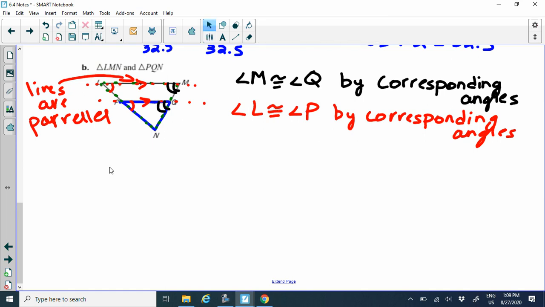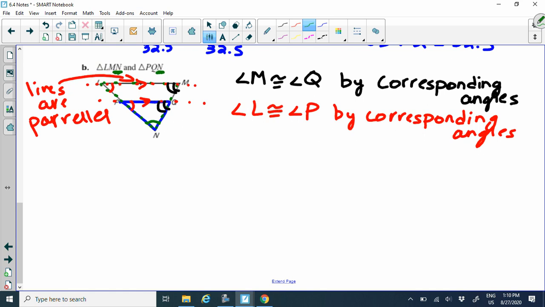Now, we could be done right there, but I do want to show you one more pair of congruent angles. The other pair is going to be at N. Notice that both of the triangles share that angle. So both LMN and PQN have the same angle.